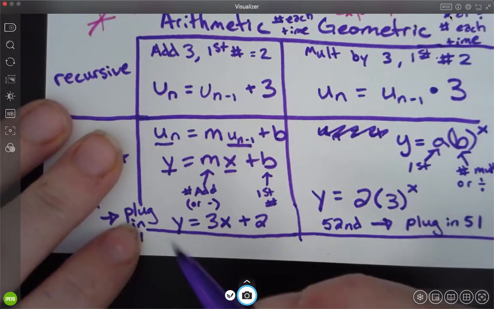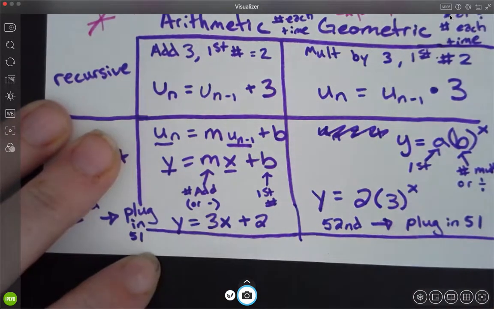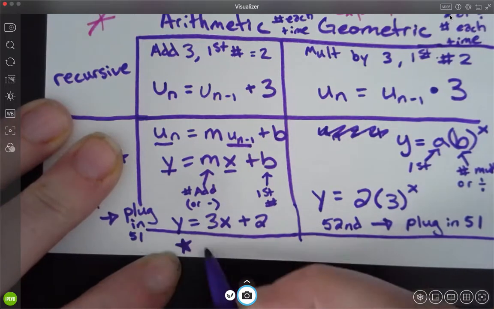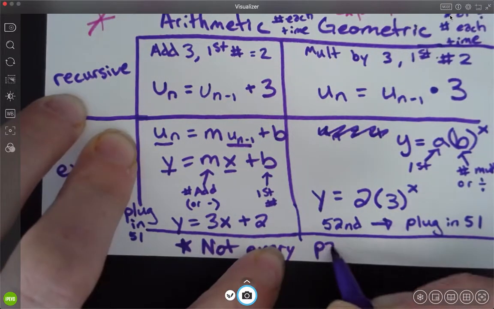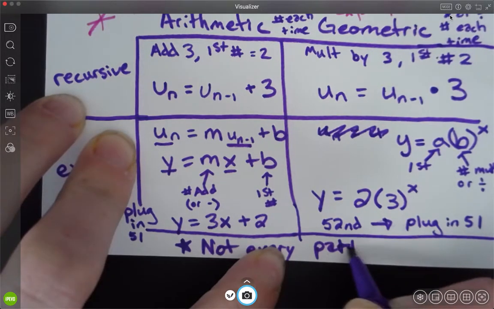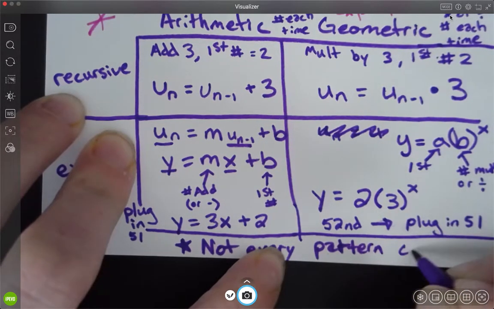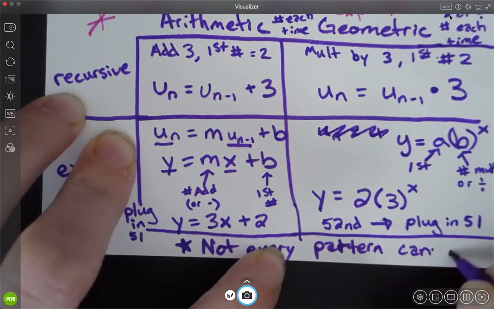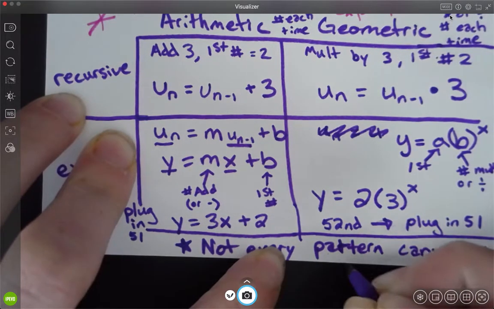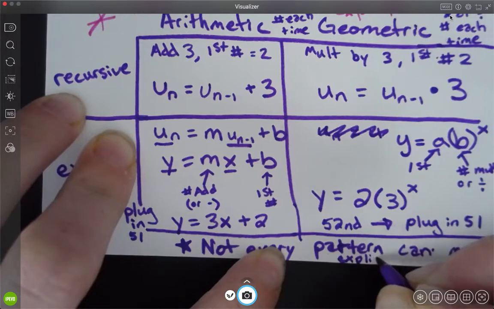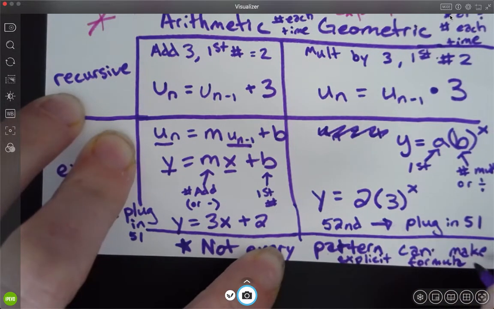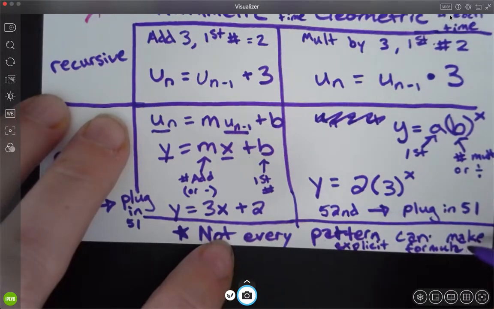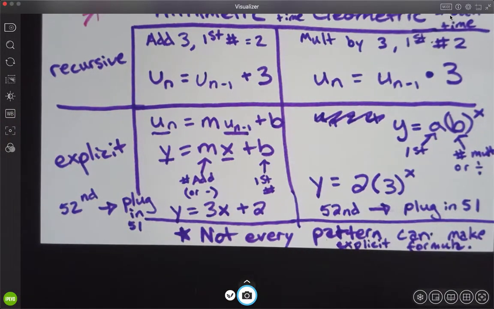Now, the last thing I'm going to have on the end here is that star, star, star: not every pattern can make an explicit formula. An explicit formula cannot be made from every pattern.